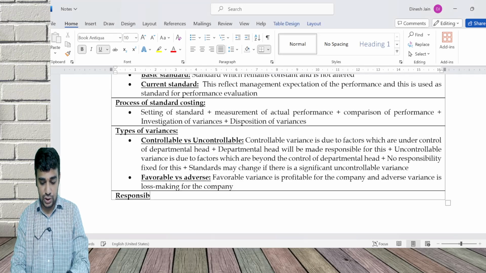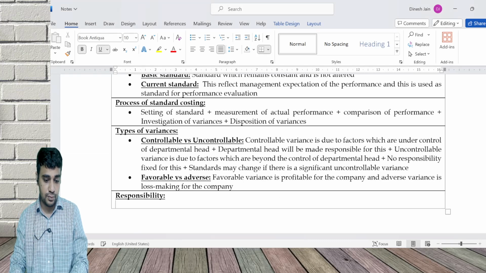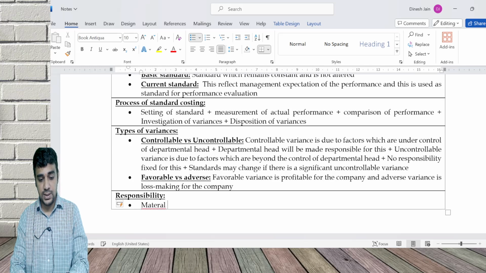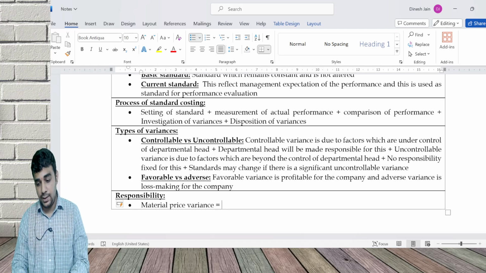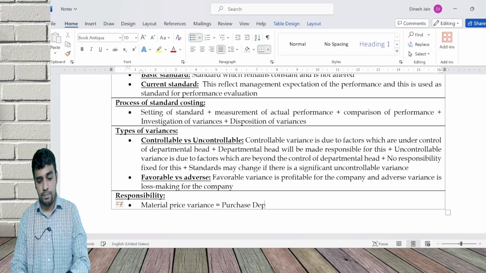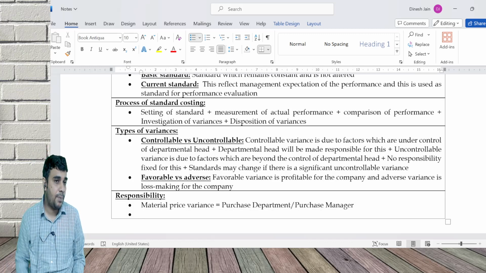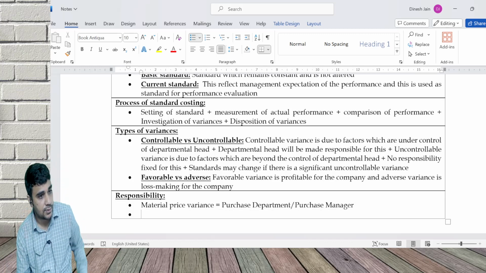This can come as MCQ. Material price variance, responsibility: purchase department or purchase manager. So it says department, but there will be a purchase manager.